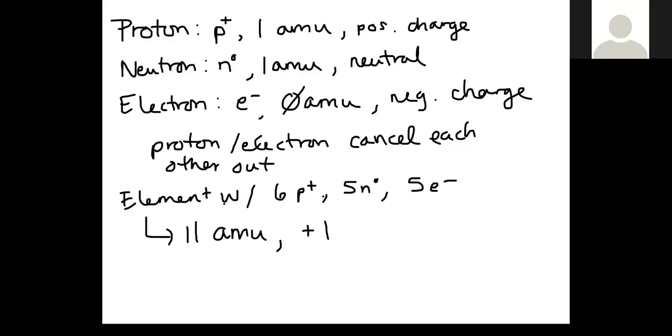And if it loses an electron, it becomes more positive. So if this element lost another electron, if we had 4 electrons, it would be +2. Does everybody understand that? So when it comes to charge, you're going to lose and gain electrons.